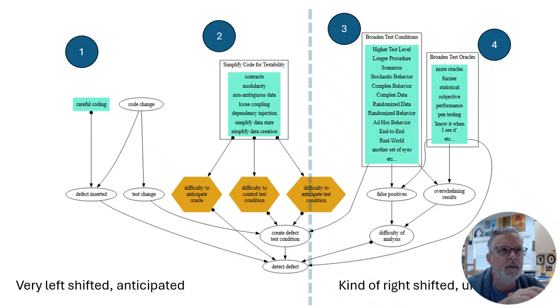I'll give an example. One time, working with a product team, they were dealing with code that was trying to change a backend service that another service and application was consuming. The difficulty was that the data state in the backend service was complex.